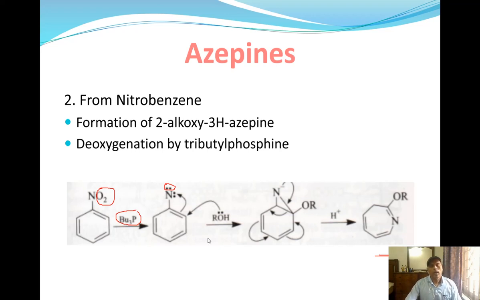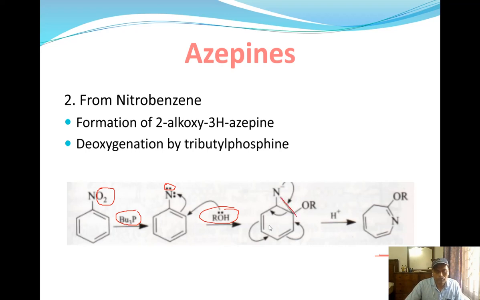Now, what will happen? You have to use alkyl alcohol. That is going to form an OR bond over here, an alkoxy bond, and this double bond from here is going to shift over here. As you can see, it has formed a bond over here.